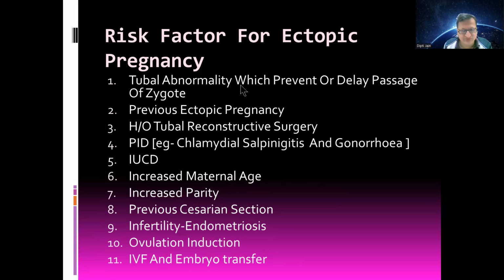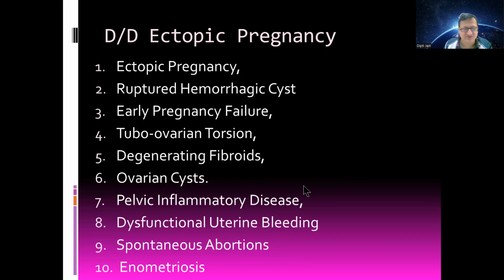So: tubal abnormality which prevents or delays the passage of the zygote, previous ectopic pregnancy, histiotubal reconstructive surgery, PID like chlamydia, salpingitis and gonorrhea, IUCD, increased maternal age, increased parity, previous cesarean section, infertility, endometriosis, ovulation induction drugs, IVF and embryo transfer. Because of these, there are increased chances of ectopic pregnancy.